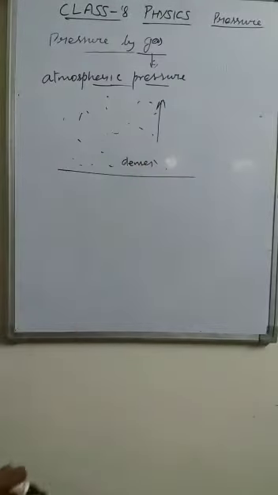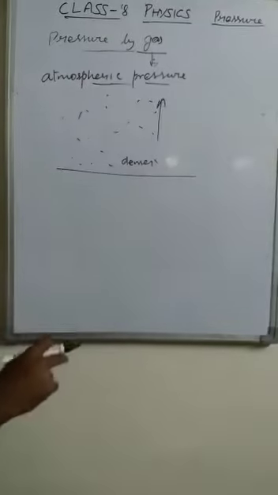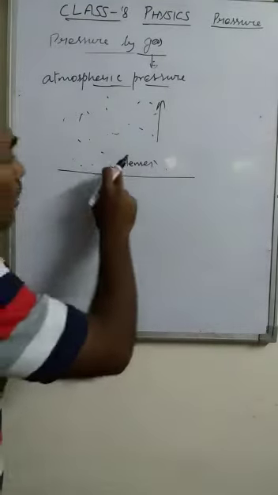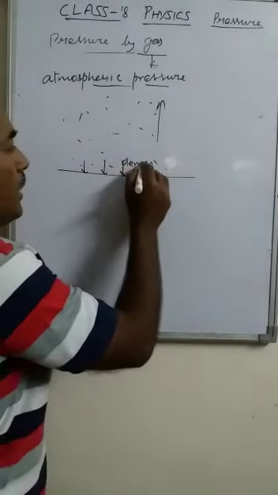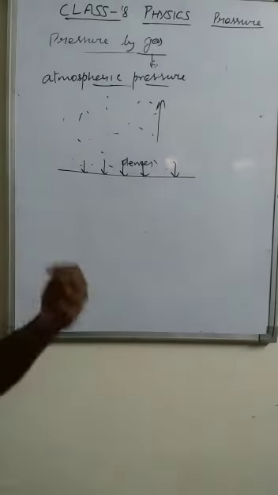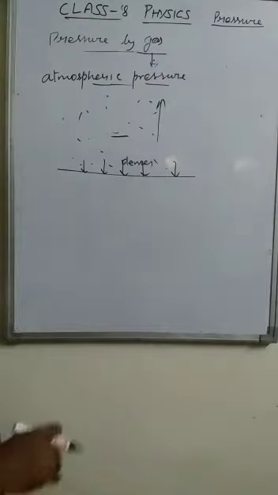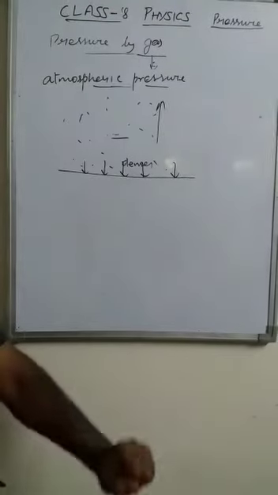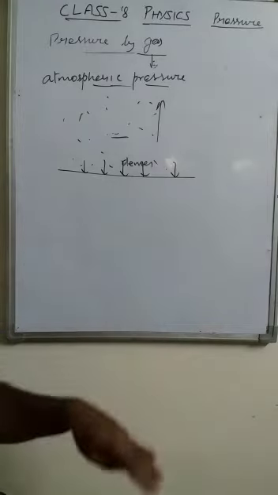So it gives that the pressure exerted by air on objects on the surface of earth is not the same at every point. If we take the pressure exerted by air on the surface of earth, it is something. If the pressure is measured at some other height, it will not be equal to the pressure on the surface of earth, because, as in the earlier case of pressure exerted by liquids, the pressure changed according to the height.